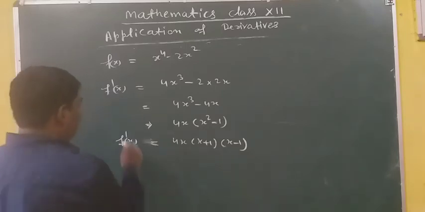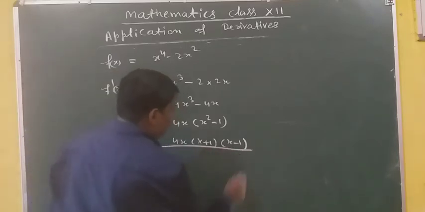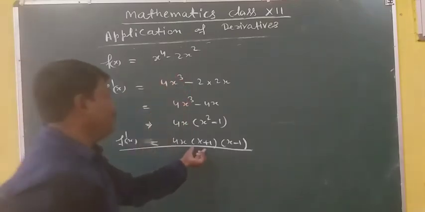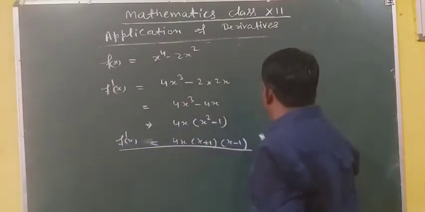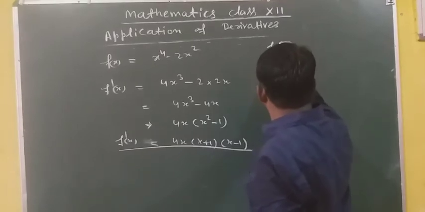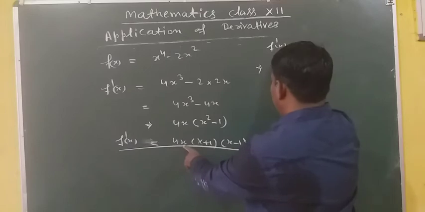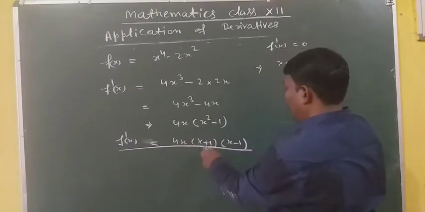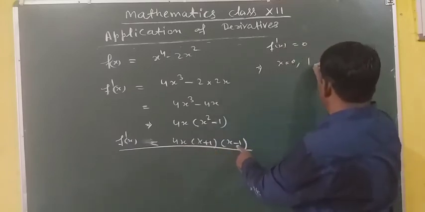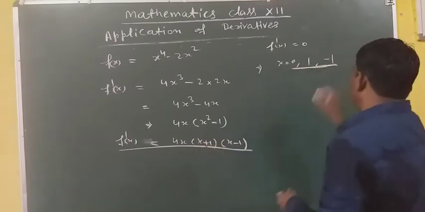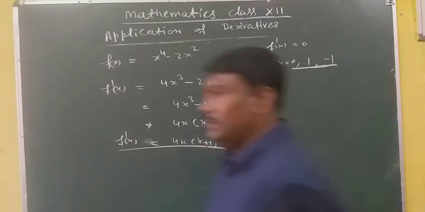Now, step 1, find f dash x. Thereafter, put f dash x equal to 0 and find the values. For f dash x equal to 0, it implies that x is equal to 0, or x is equal to 1, or x is equal to minus 1. So these three values are here.